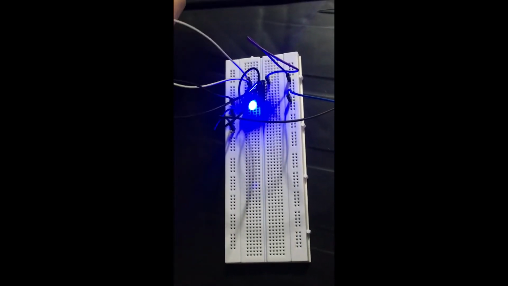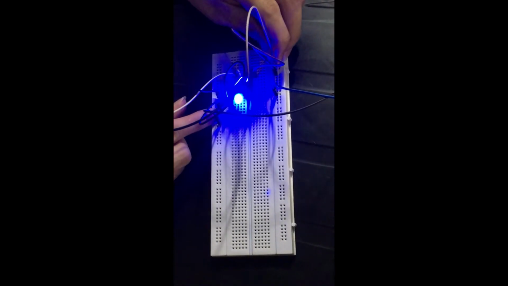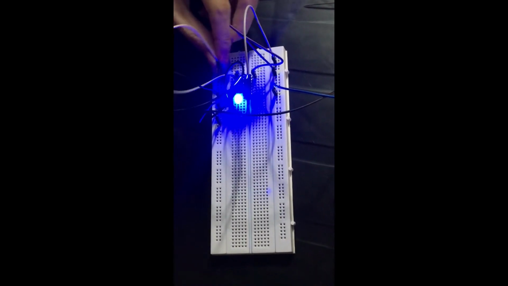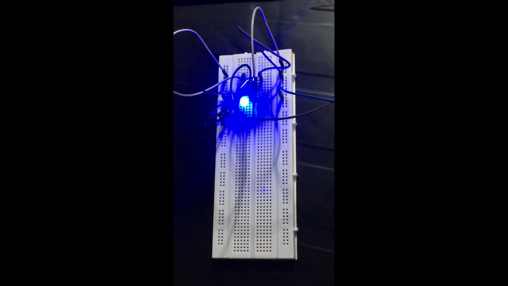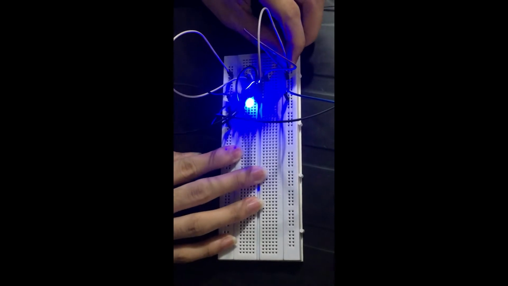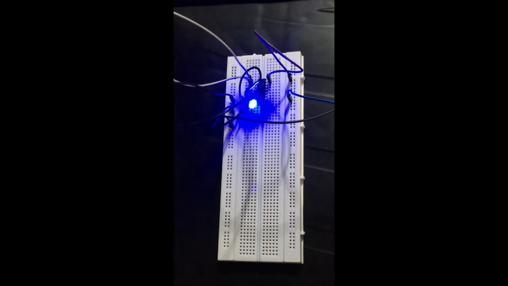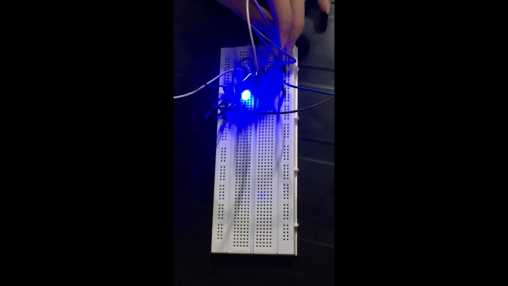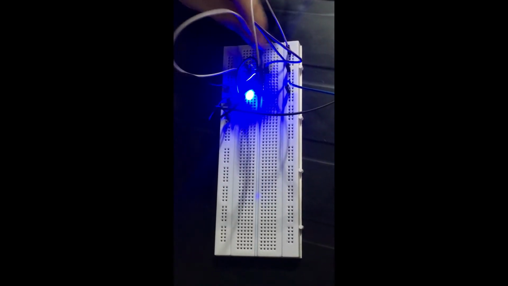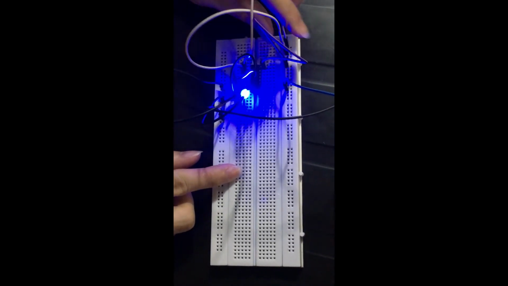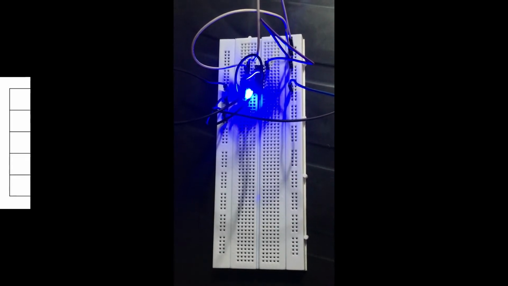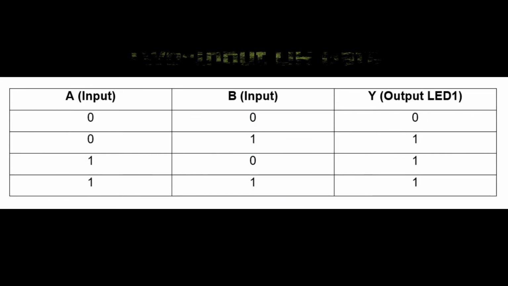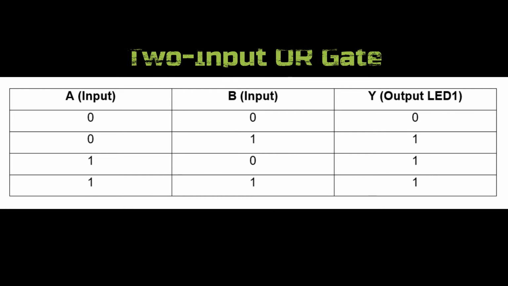If the inputs are 1 and 0, the output will be the same. If inputs are 1 and 1, the output would be logic 1 or LED is on. As we can see in the results, when using the OR gate, if logic 1 is present in the inputs, automatically the output will be logic 1.